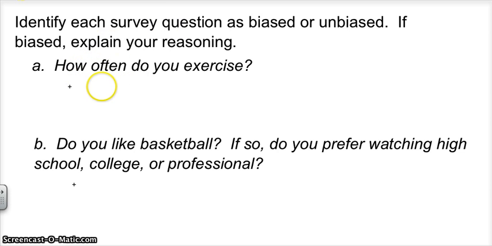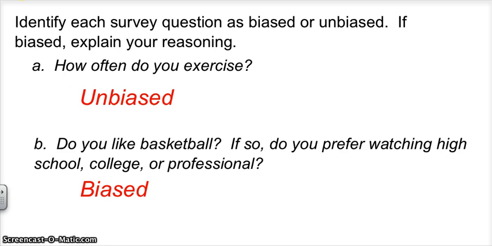So this one is unbiased. Next is B. Do you like basketball? If so, do you prefer watching high school, college, or professional basketball? This one is biased because it first asks us, do you like basketball? Because if we say no, we're not going to be able to answer this. So, therefore, it is biased.